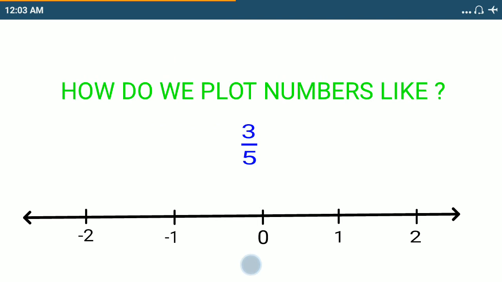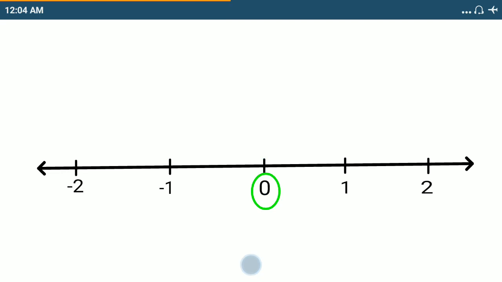Before we understand how to plot this, we need to understand a very important point. Students, every integer except 0 has a corresponding integer, that is, its additive inverse.